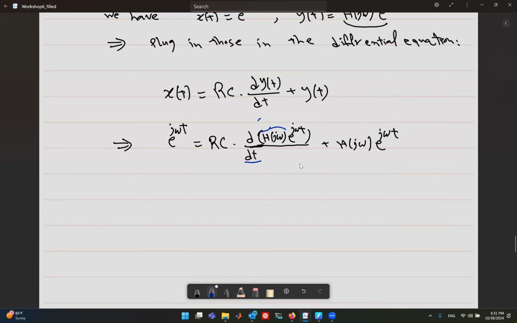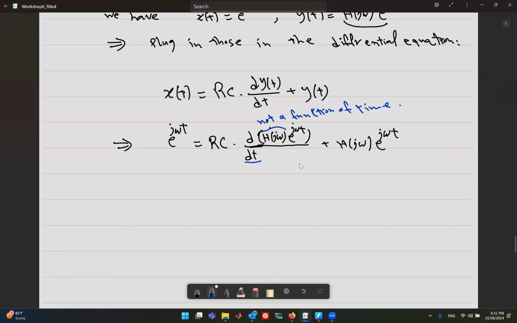So this is a constant, or a better way to say it, independent of t, not a function of time. So it's constant when we are considering t as the variable.